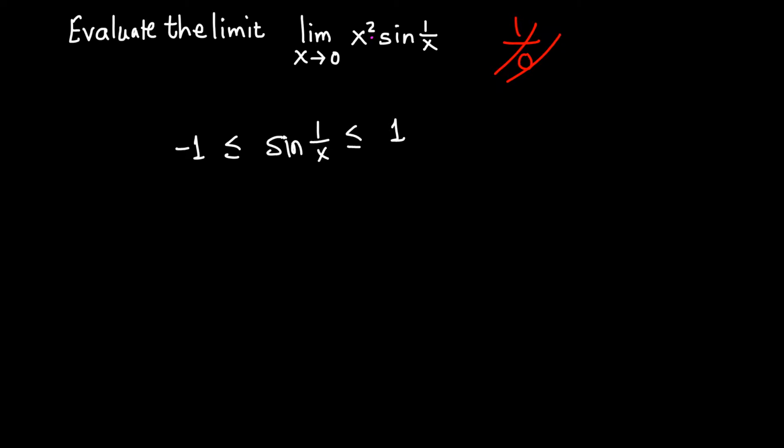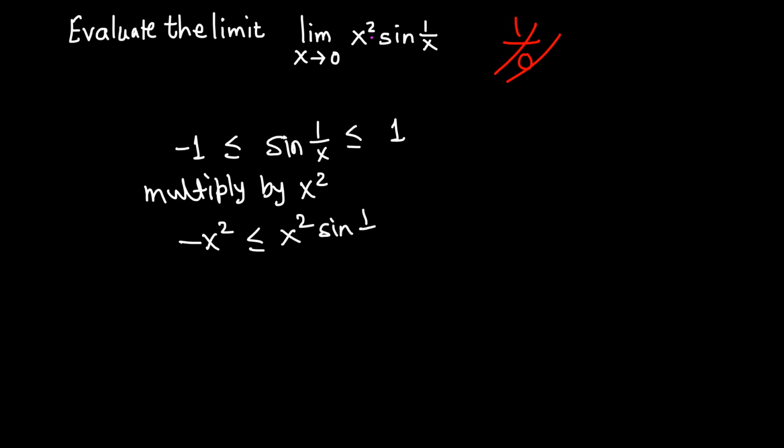That means we can multiply each side, in fact this compound inequality, by x squared. Multiply, noting x squared is not 0, so we get negative x squared, sine 1 over x squared.